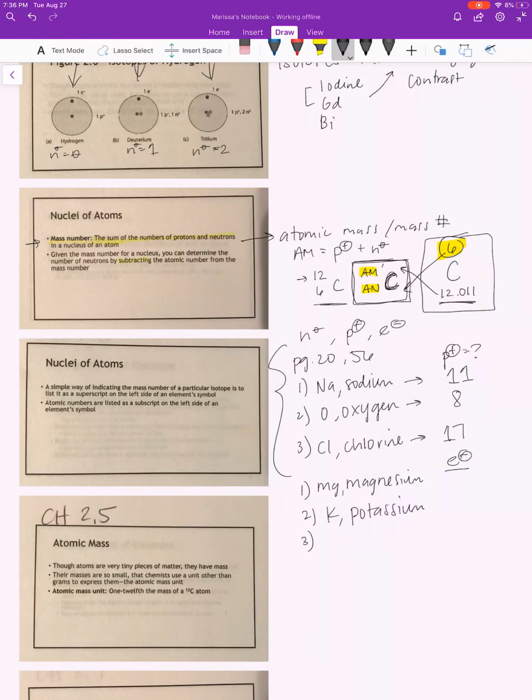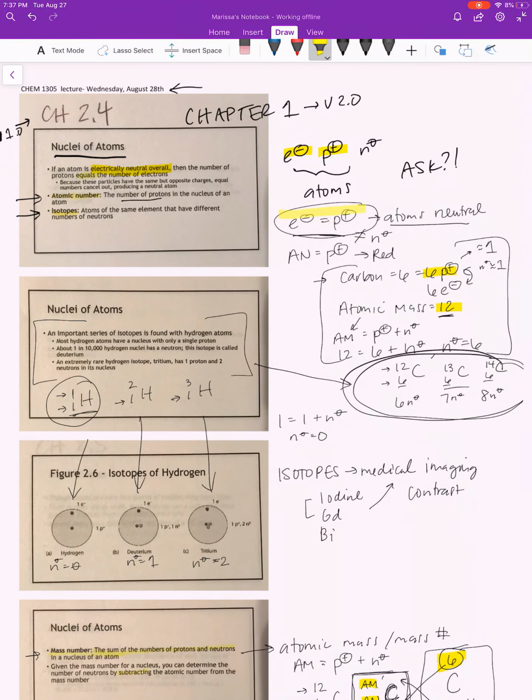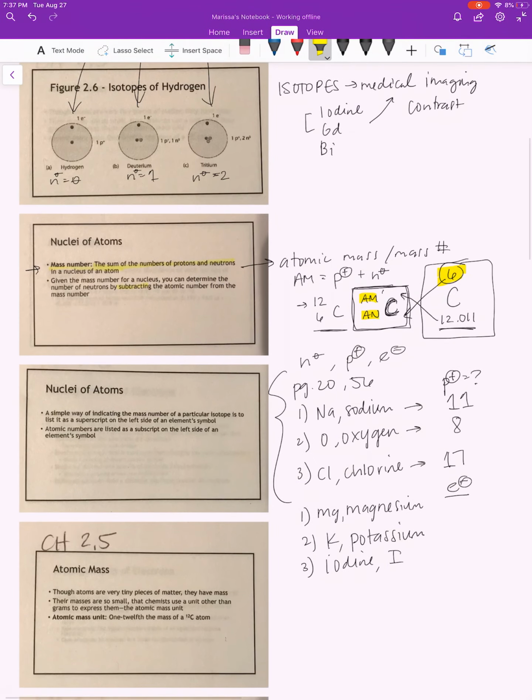If we think back to our rule before, where we said that protons must be equal to electrons if the atoms are neutral, it means that we can use our same trick of looking at the atomic number, and that's also equal to the number of electrons. So I'm going to give you just a little bit of time to identify these and hopefully fill them out, and then we'll go through them together.